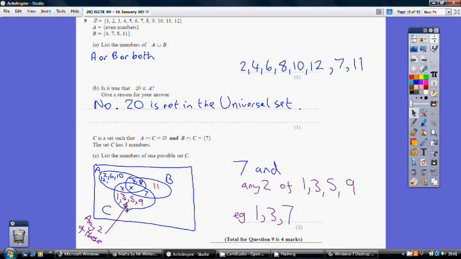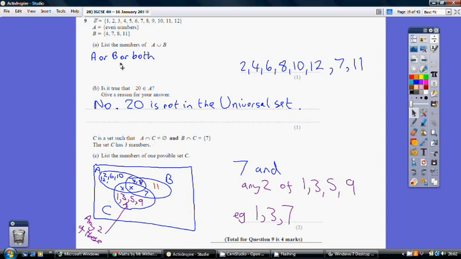So now I'm going to slot in all the other numbers in the universe. So 1 is obviously not even or in B, so 1 is a possibility for C. 2 is obviously even. 3 also is not in A or B, so that's a possibility for being in C. 4 is even and also in B, so that's why 4 is there. 5 is a possibility.